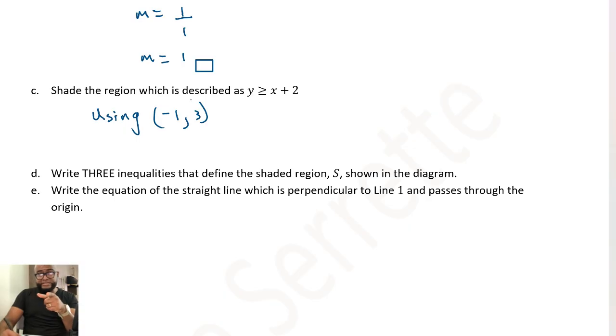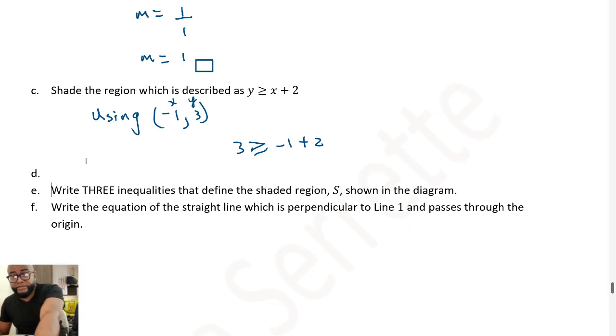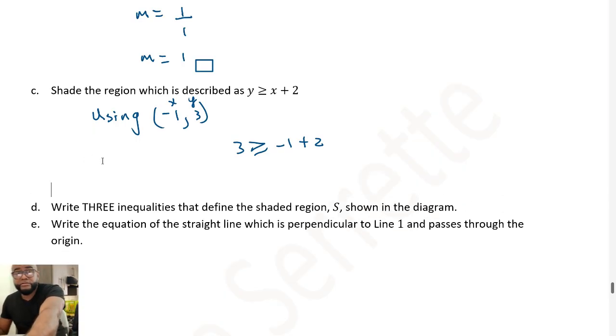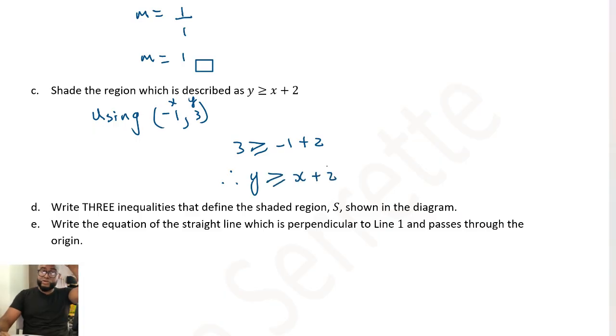This is x, this is y. y is 3, is it greater than or equal to -1 plus 2? -1 plus 2 is 1, and 3 is greater than 1? Yes. So therefore, y is greater than or equal to x plus 2.